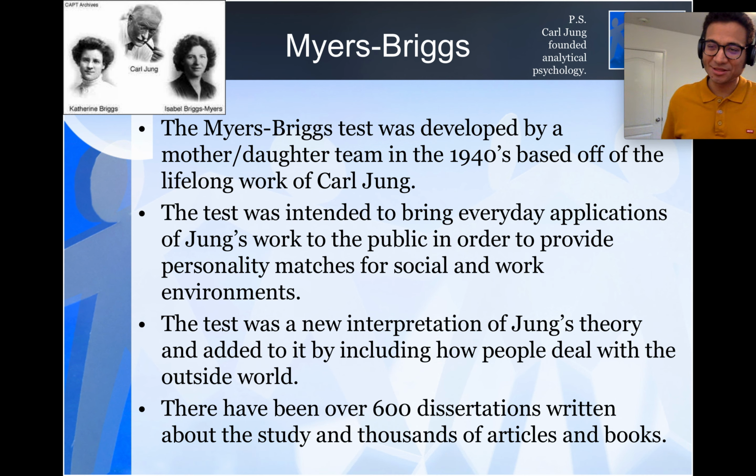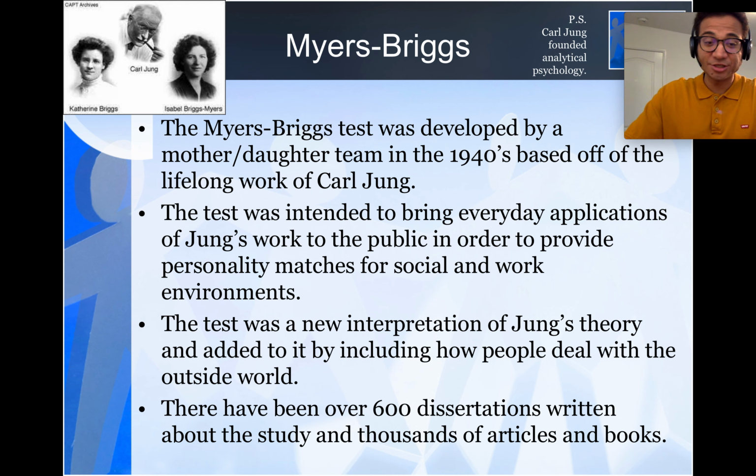So they used the work of Carl Jung to develop this Myers-Briggs. This test was intended to bring everyday applications of Jung's work to the public in order to provide personality matches for social and work environments. The test was a new interpretation of Jung's theory and added to it by including how people deal with the outside world.